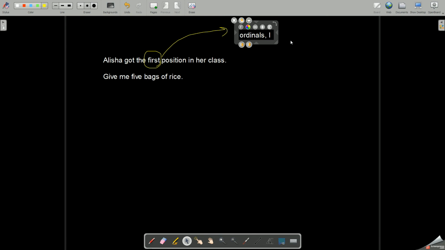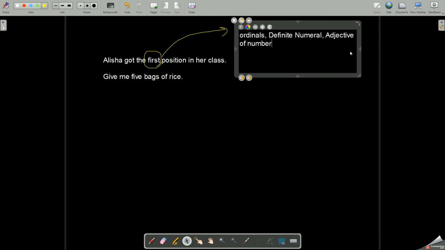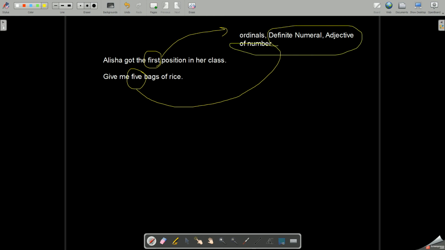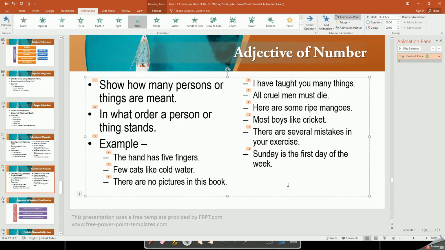So ordinals, definite numeral, and adjective of number. These three things. Whereas if I talk about the second one, give me 5 bags of rice, everything would be the same. It is also definite numeral, adjective of number, but it would be using cardinals. That is exact counting numbers.